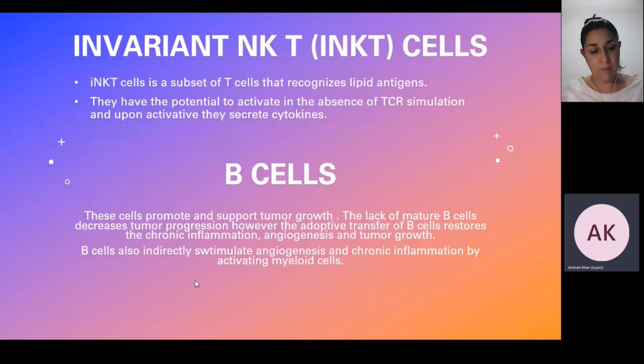This happens when suppressive molecules such as IL-10 and TGF beta are produced, along with the expression of inhibitory molecules and the induction of the recruitment of TAMs and MDSCs. This provides an efficient system for the cancer cells to evade the immune system.